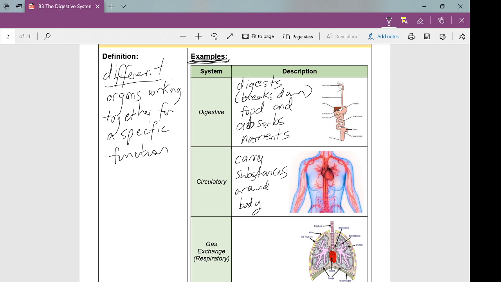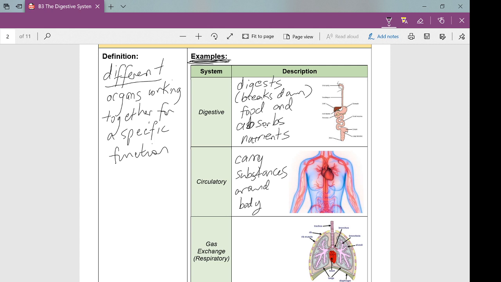The main substances that it carries, so for example, it carries oxygen around the body to get to all of your cells, and carbon dioxide, that is a waste product. It carries that out for you to breathe that out. It also carries the nutrients from food around your body.